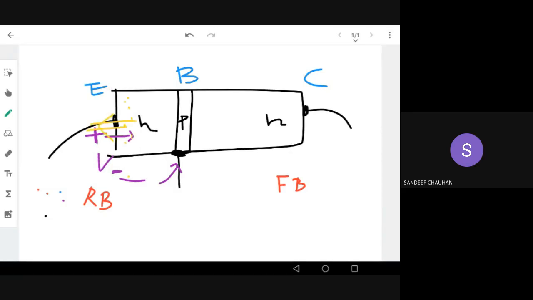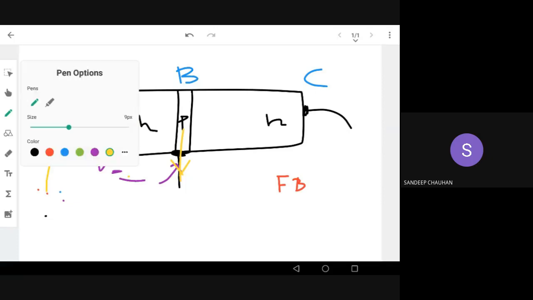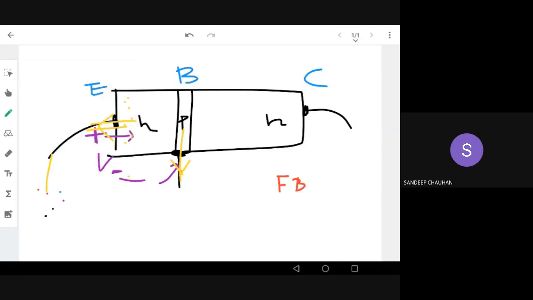All the holes will be attracted towards the negative of the battery. So I'm connecting a positive voltage here and negative voltage here. This is plus, this is minus. So this is reverse biasing happening in the emitter base region. This doesn't allow any current flow in the emitter base diode.